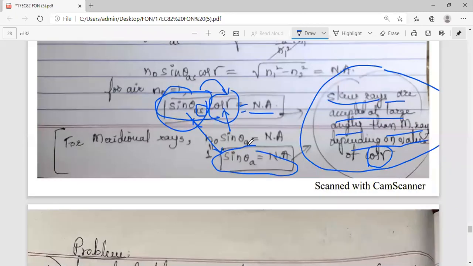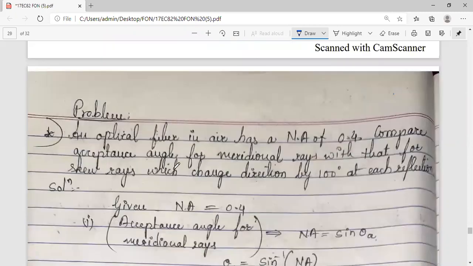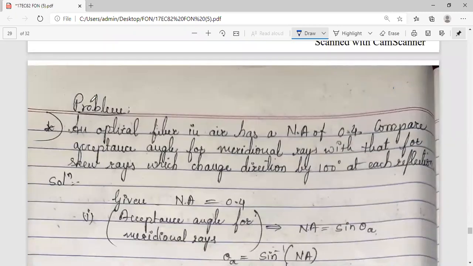Based on these acceptance angle values for meridional and skew rays, there is one problem mentioned in your textbook. Let's quickly take it before going to the next topic. An optical fiber in air has a numerical aperture of 0.4.